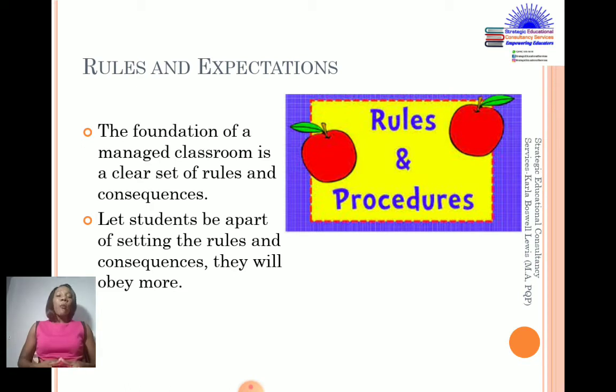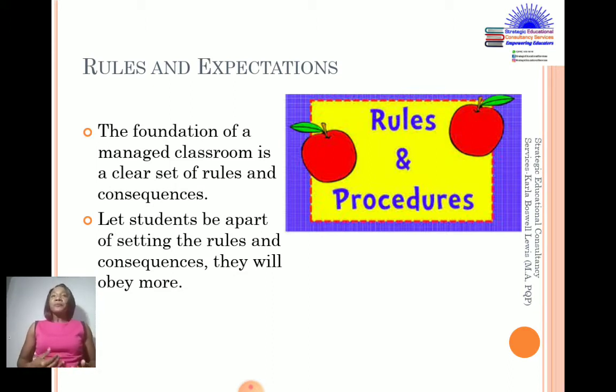And so when we go about setting our rules, consequences, and expectations or procedures, whatever we would like to name it, we must remember that the students play an important part in the decision making process. It is believed that when students are a part of setting the rules, expectations, and goals, they will be more likely to obey.